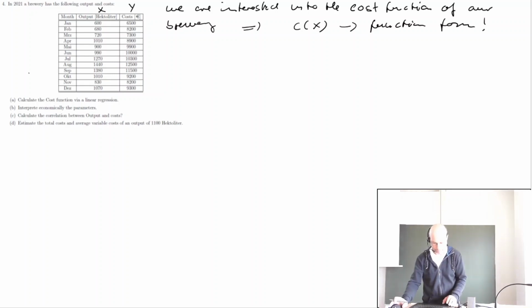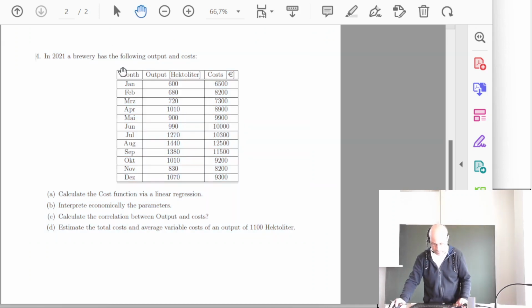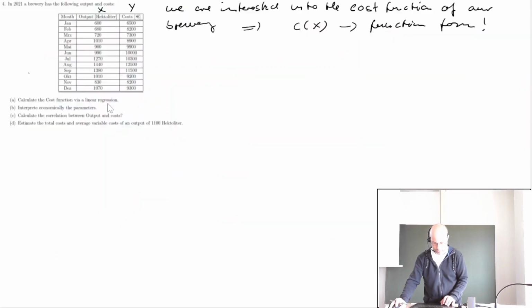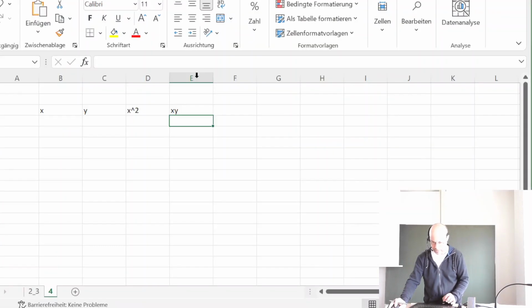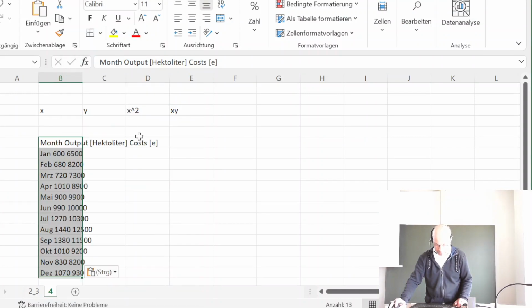So then we take these data and hopefully I can just copy this like this. Let's see if this works. This I also want to show you: how do I get data out of some PDF files?